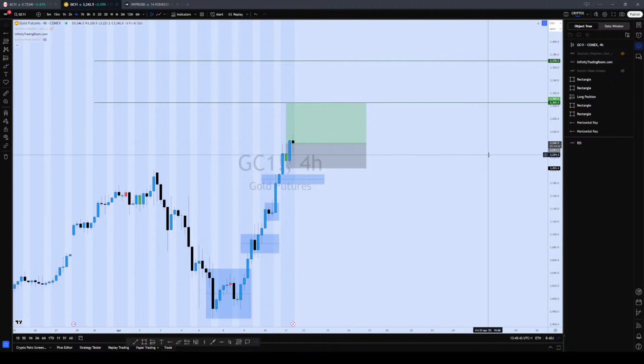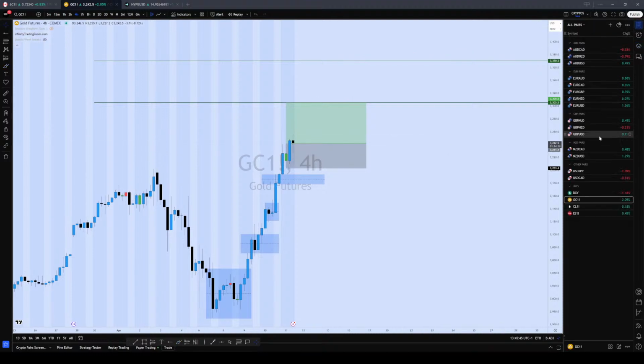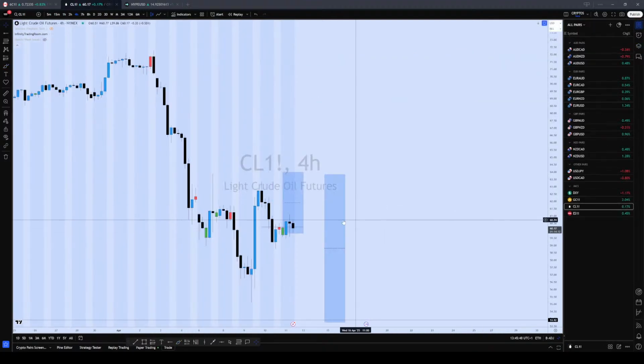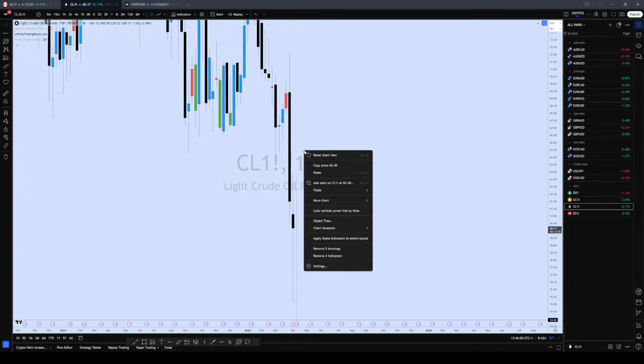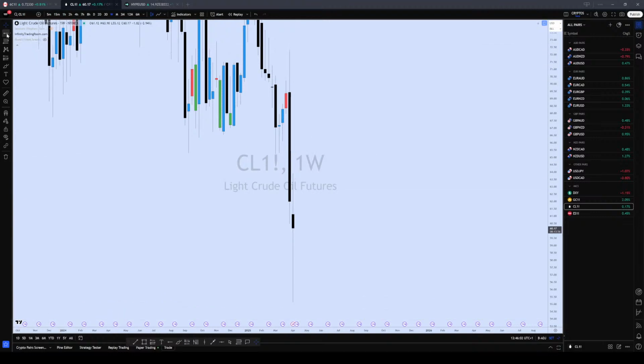So that is that. Crude oil, I'm expecting a move back down. This week has been nothing. If we go up next week, I'll expect them to reverse above this week's high, but I don't think it will because of this volume imbalance.